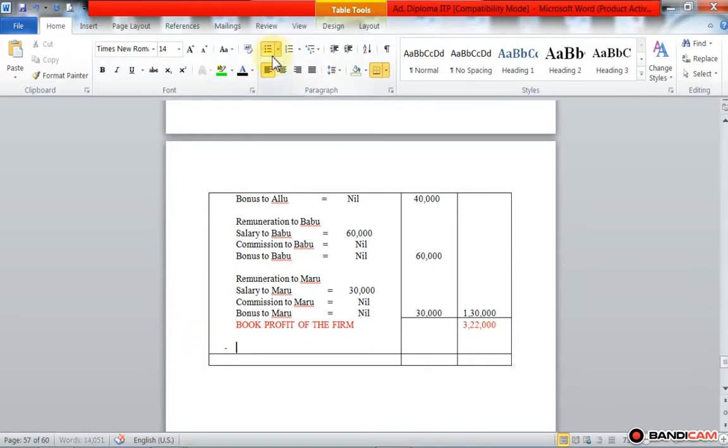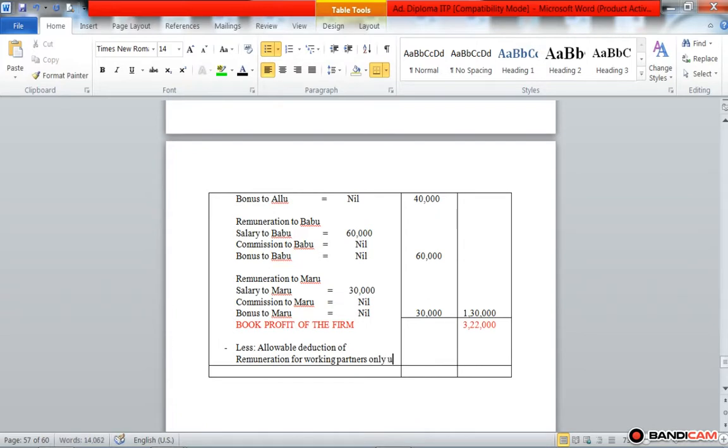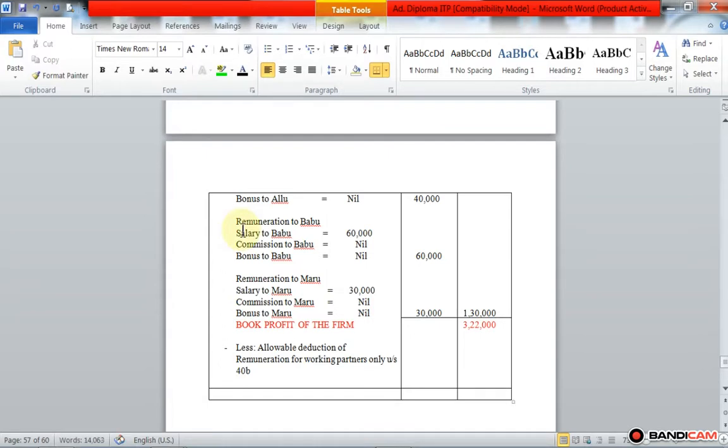So here, less: allowable deduction of remuneration for working partners only under section 40B.